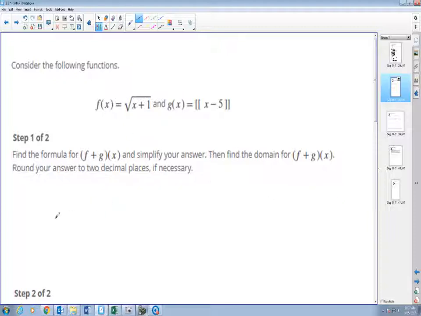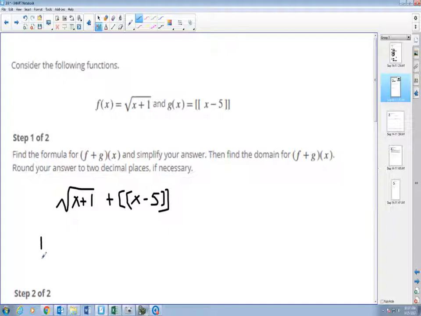So take my first function f plus my greatest integer function. I think this is all we can do, because this x minus 5 is inside the brackets, and this is inside the square root, so there's not much I can do here. This is basically it.